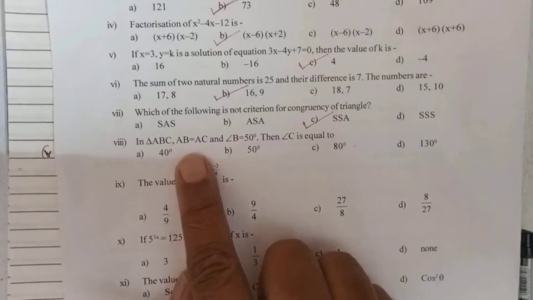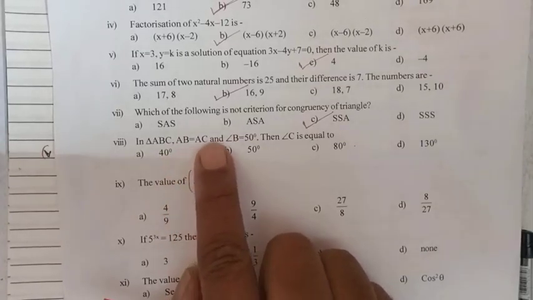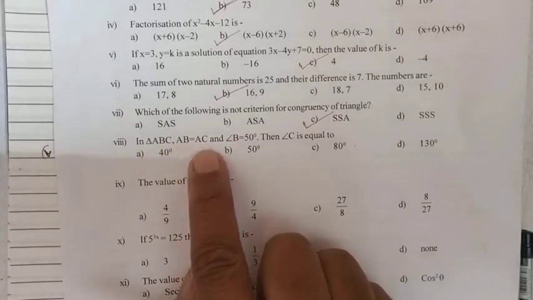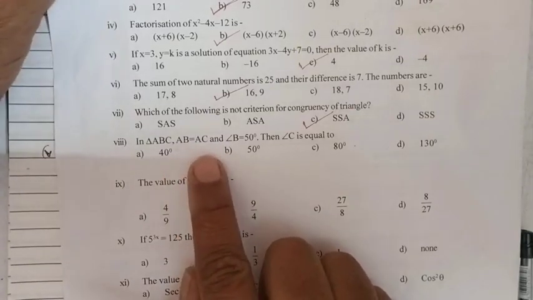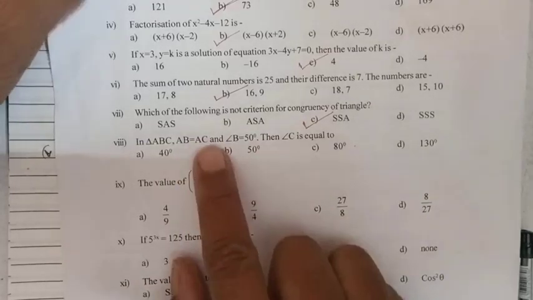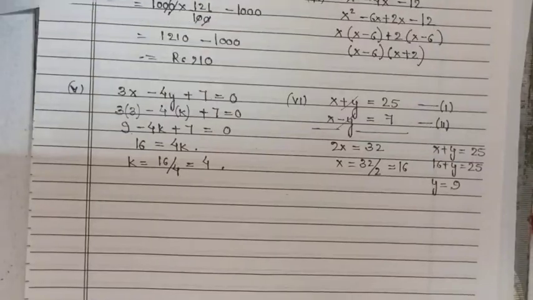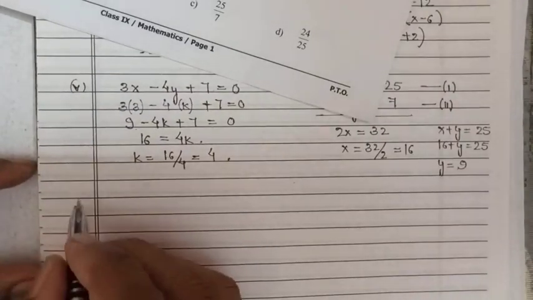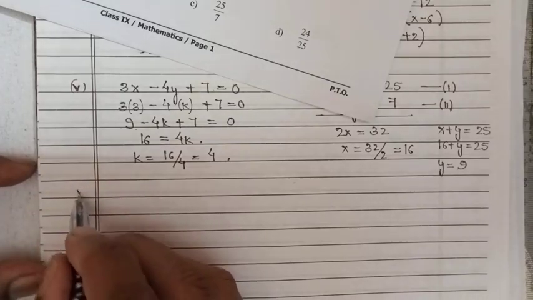Now moving on to the eighth part. In the eighth part, they say AB is equal to AC. Now in triangle ABC, the two sides are equal. So remember, in a triangle, if two sides are equal, then the angles opposite to them will be equal. So if I draw a rough sketch of a triangle over here, so this we are doing for the eighth part.